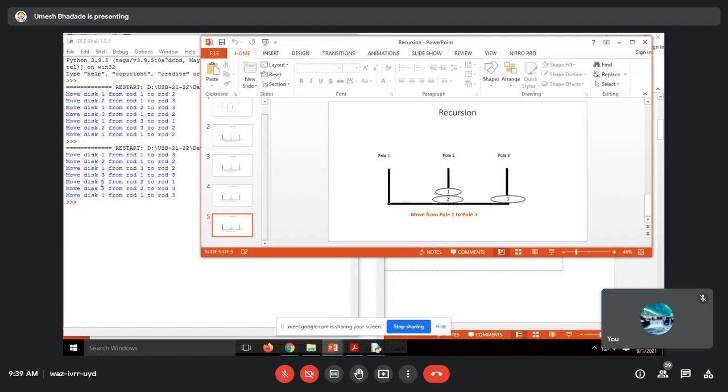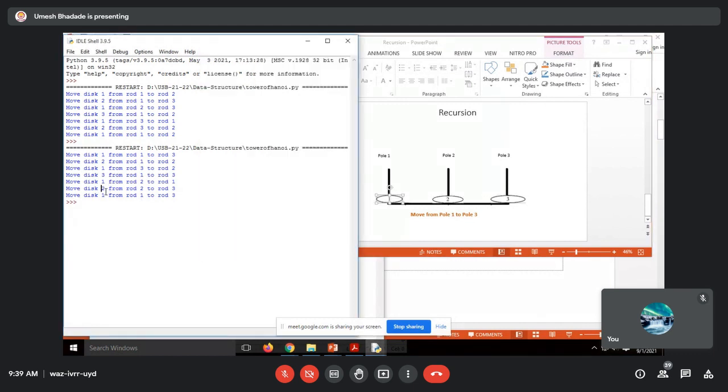Now next what will happen? Move diskette 1 from rod 2 to rod 1. So this diskette will be moved here. So I have moved this here. Then next step is what? Move 2 from 2 to 3.